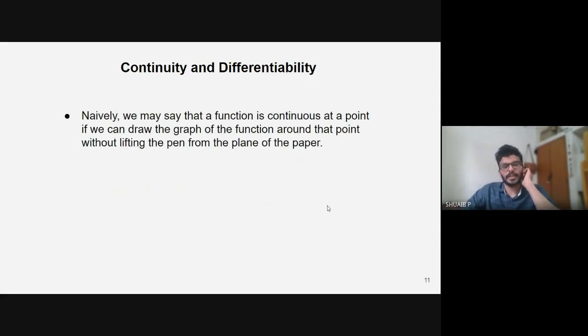Continuity of a function. Naively, we can say that a function would be continuous if we can draw the function without raising our pen from the paper.